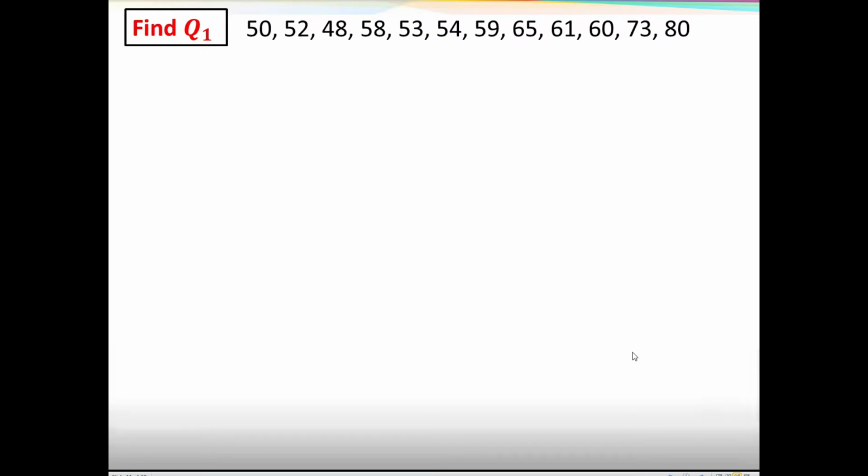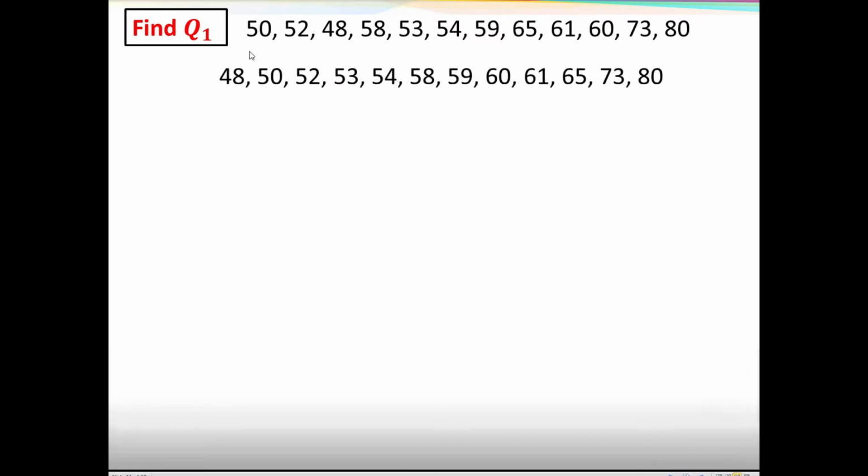The first step that we should do here is to arrange the data in ascending order. Ascending means mula sa pinakamababa hanggang sa pinakamataas. Kapag inayos natin yung mga numbers na to in ascending order, we will have 48, 50, 52, 53, 54, 58, 59, 60, 61, 65, 73, and 80.